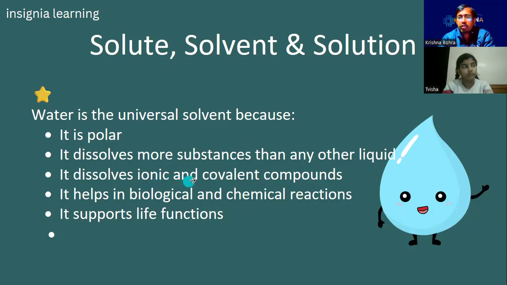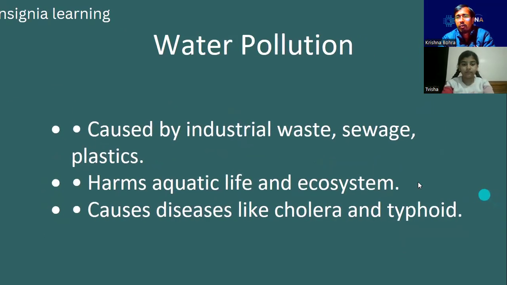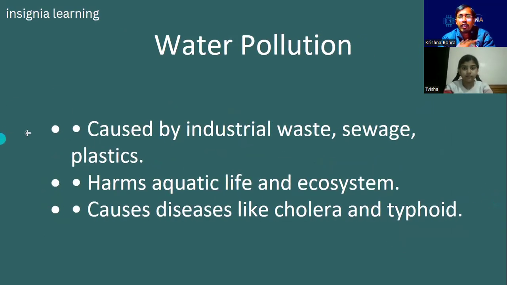Na is positive, Cl is negative. And covalent substances as well, which are formed by the mutual sharing of electrons. It helps in biological and chemical reactions. We have understood this concept in photosynthesis in plants, and in our internal digestion as well. It supports life functions. If you don't drink water, we will die.